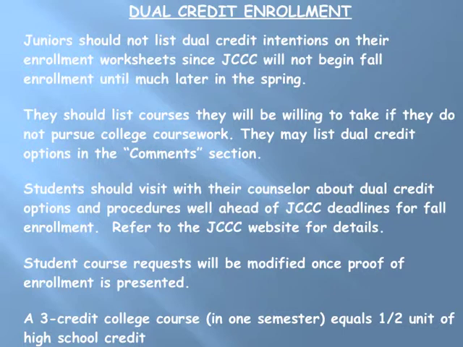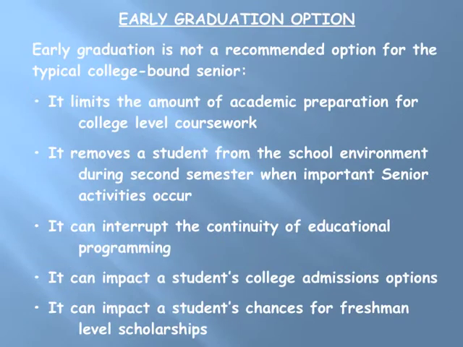You need to list courses you will be willing to take if you do not pursue college coursework. You may list dual credit options in the comments section. Students should visit with their school counselor about dual credit options and procedures well ahead of Johnson County Community College's deadlines for fall enrollment. Your course request will be modified once proof of enrollment is presented.